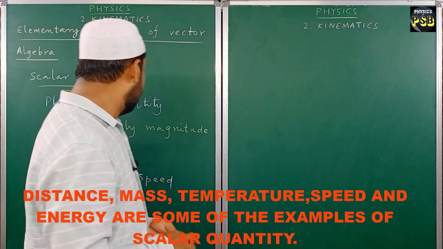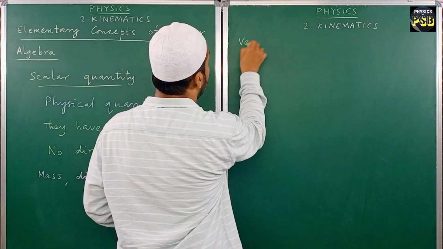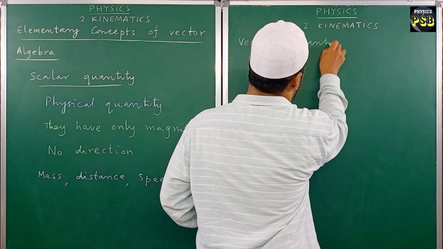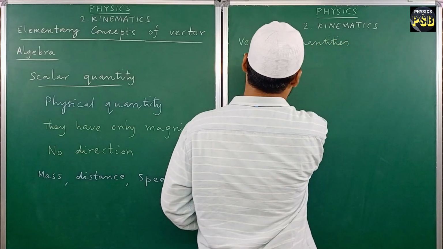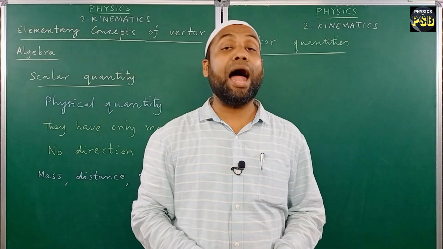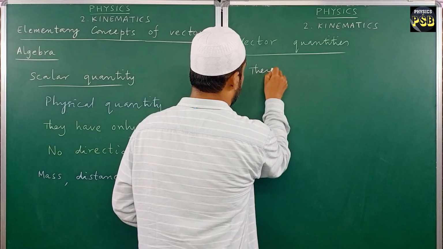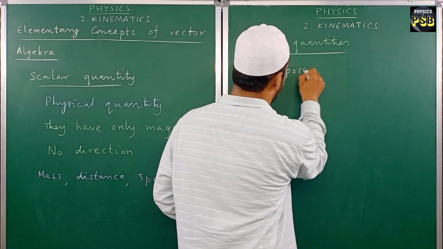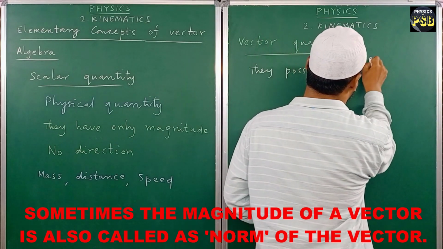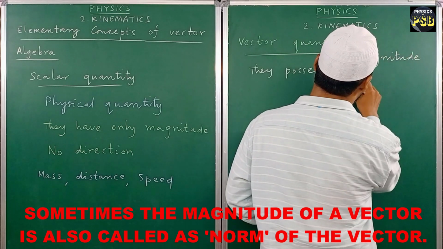Now let me tell you about vector quantities. These are the physical quantities which have got both magnitude and direction. So they possess both the magnitude and the direction.